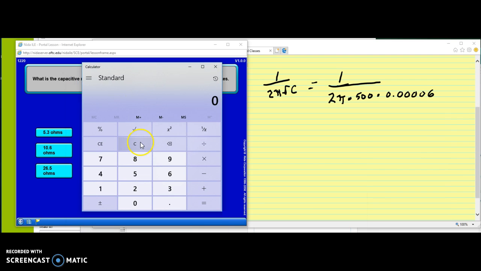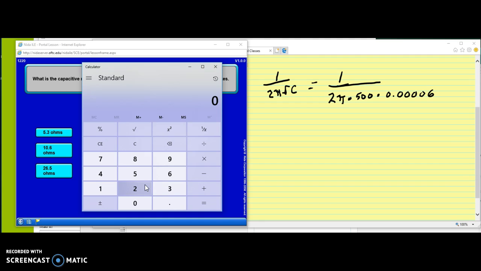Should be able to figure it out almost from what we had before, but let's do the math. So 2 times 3.14, which is pi, times 500 times 0.00006 equals, invert that, 53.07. Oops, I dropped the decimal somewhere. Let's try that one more time. Something's not adding up.